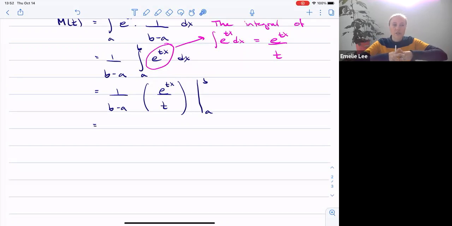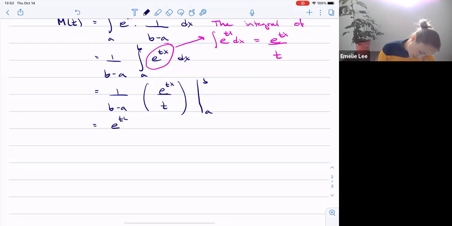I just didn't want to jump the gun too fast here, but I end up with e to the power of tb over b minus a times t, minus e to the power of ta over b minus a times t.